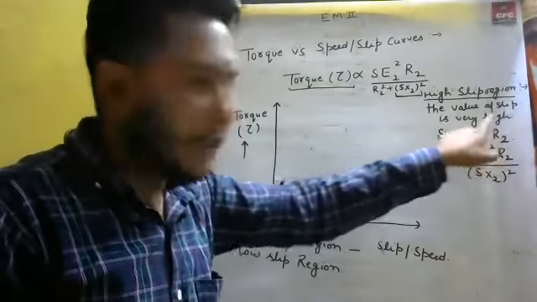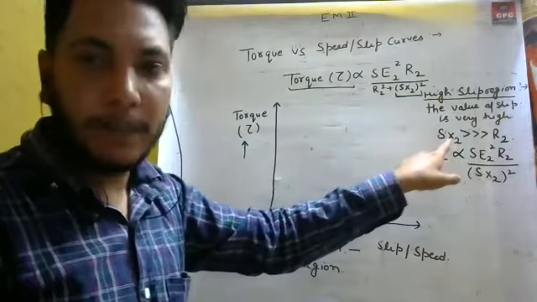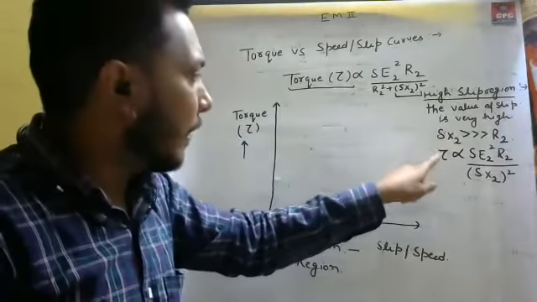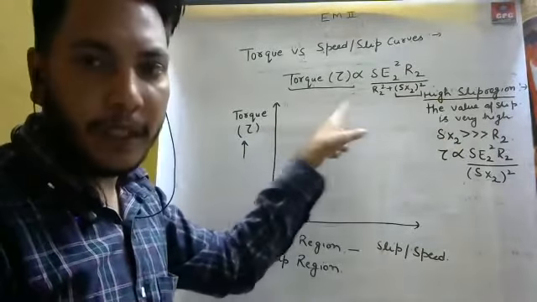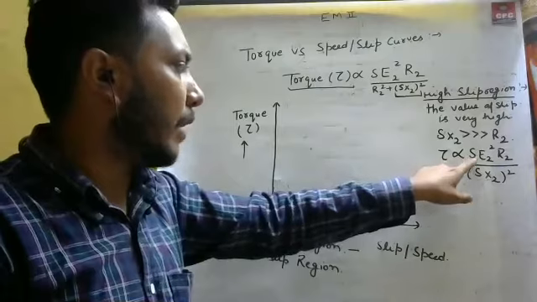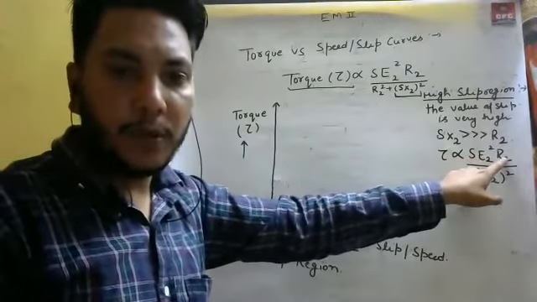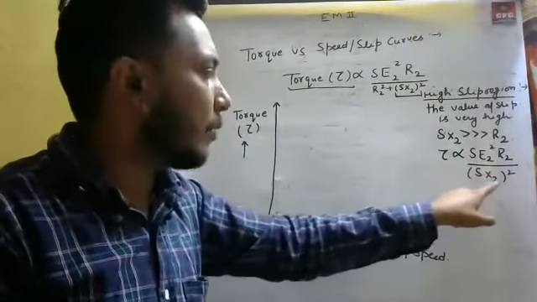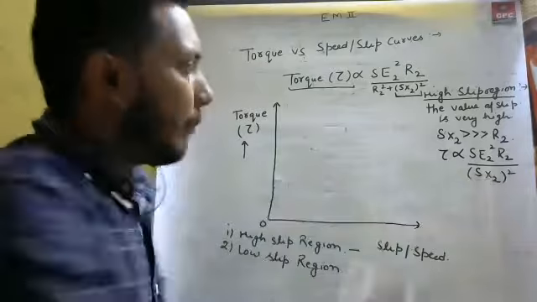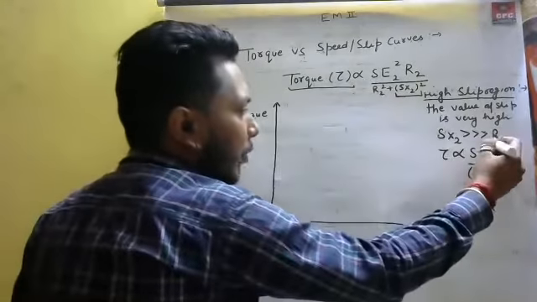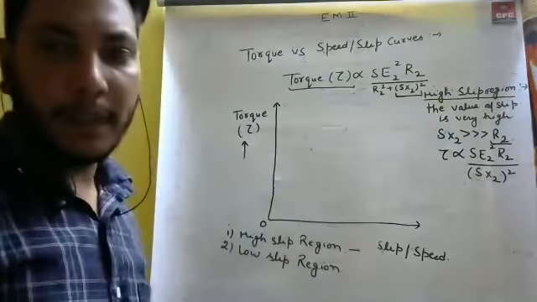Now we ignore R2. Therefore the equation of torque tau is directly proportional to S into E2 squared into R2 upon S into X2 whole squared, because R2 is very small compared to slip in the high slip region.